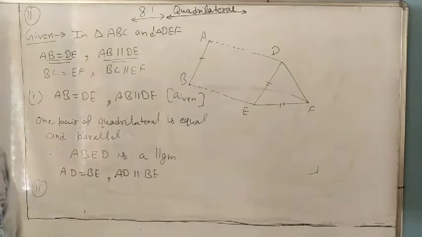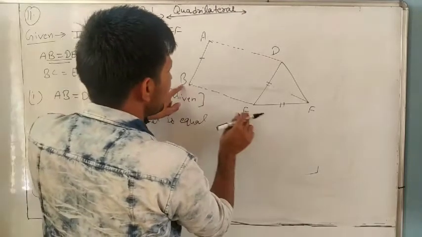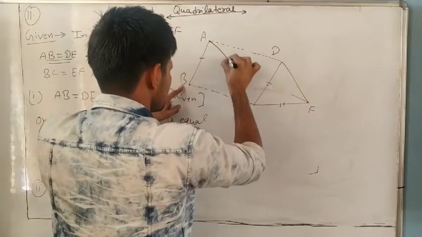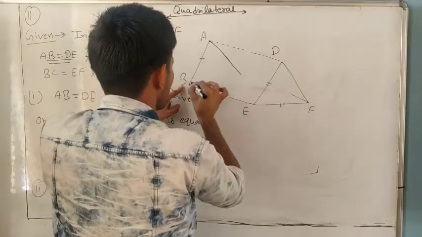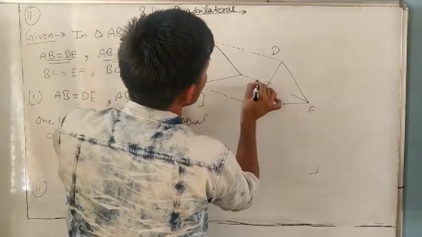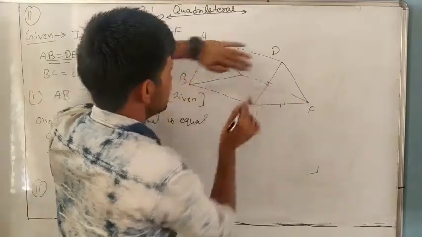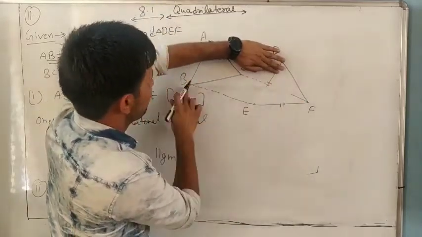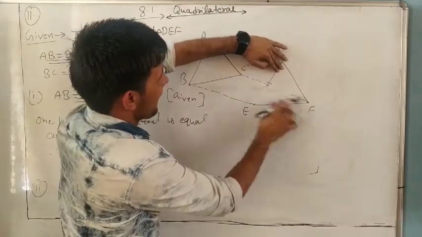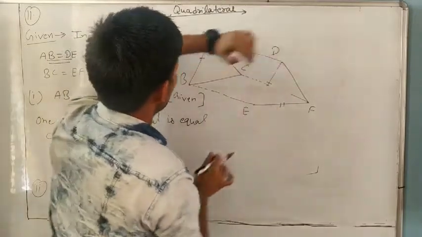Prove that BEFC is a parallelogram. Now forget everything. BEFC, and what is given in the question?